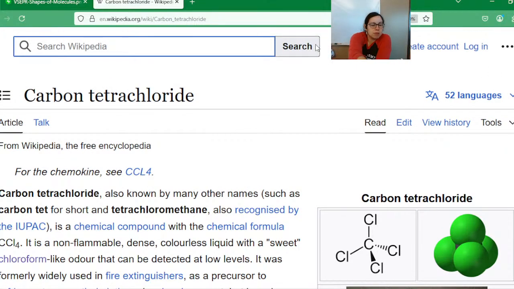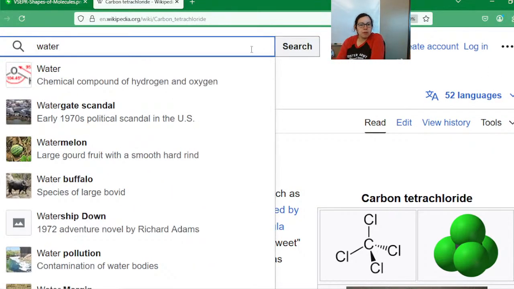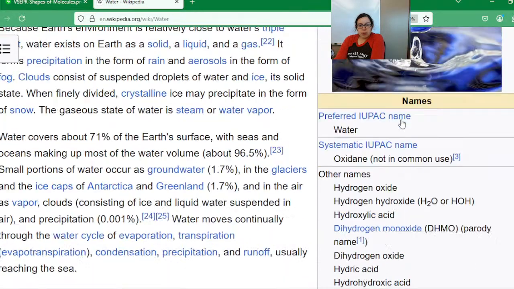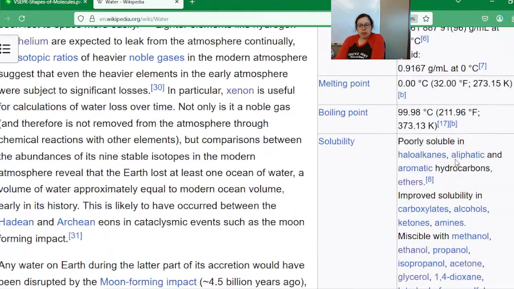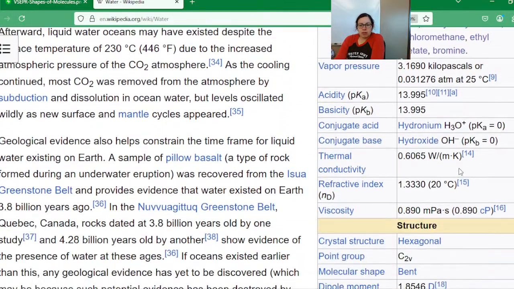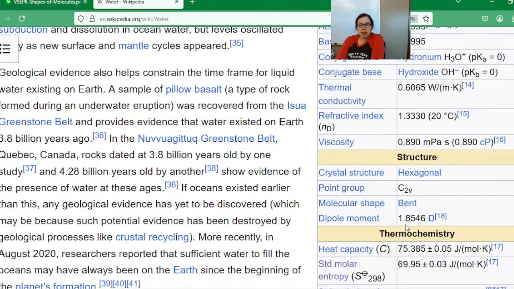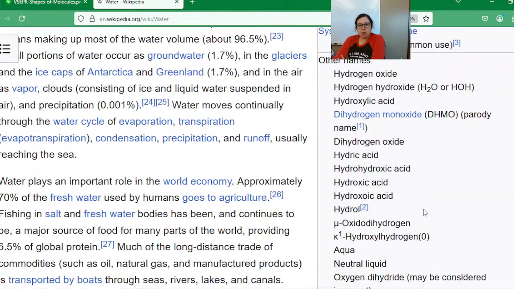Let's look at water's dipole moment, to see what something really polar looks like. They can get bigger than this. I thought water's would be bigger, but it's 1.8 there for the dipole moment.